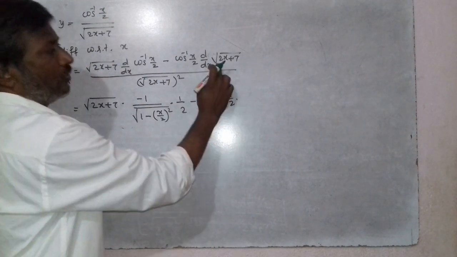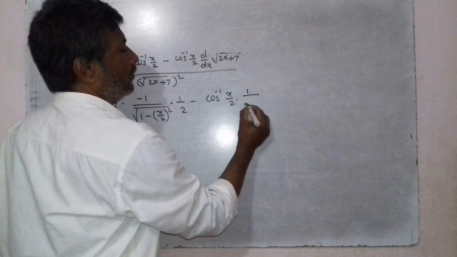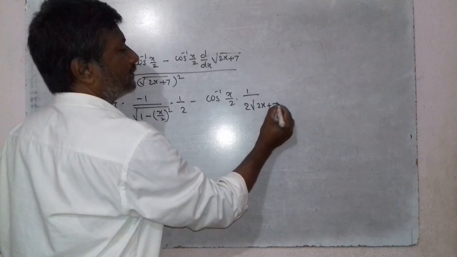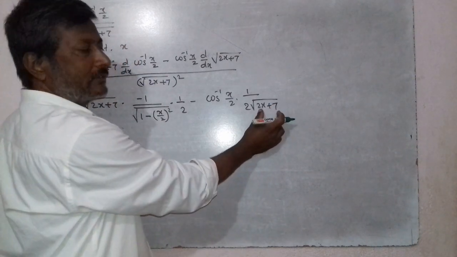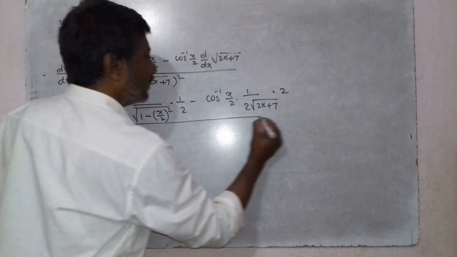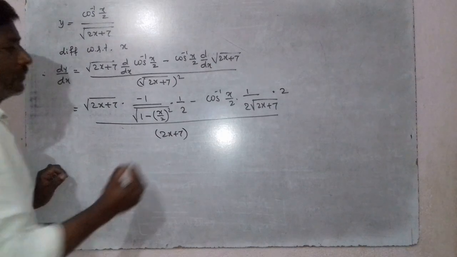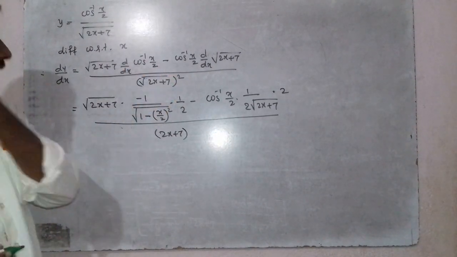into the derivative of root f(x), which is 1 upon 2 root (2x plus 7). The derivative of 2x plus 7 is 2. This whole divided by 2x plus 7. So the root gets cancelled here.